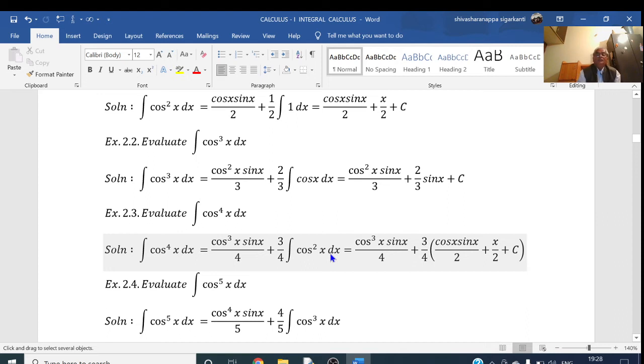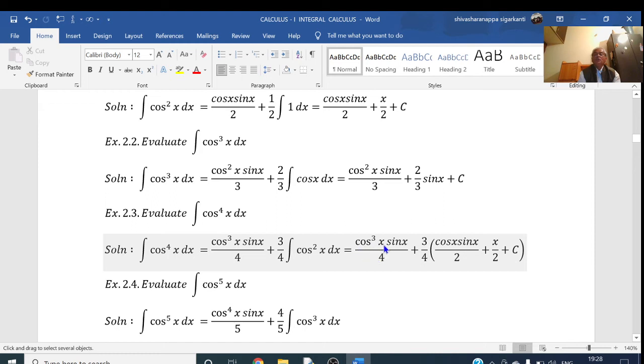Now we have this integral. We have already evaluated the integration of cos square x. So the integration of cos square x is sin x cos x by 2 plus x by 2 plus c. So we replace this by this value.